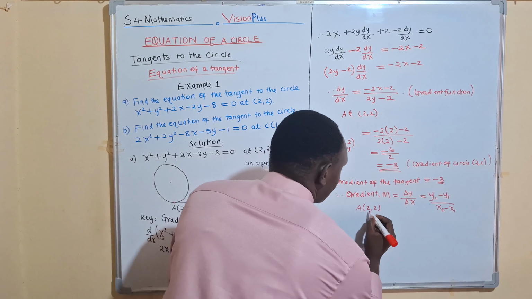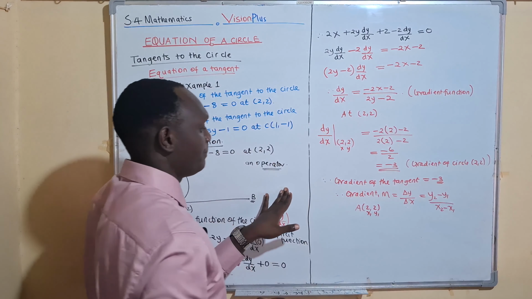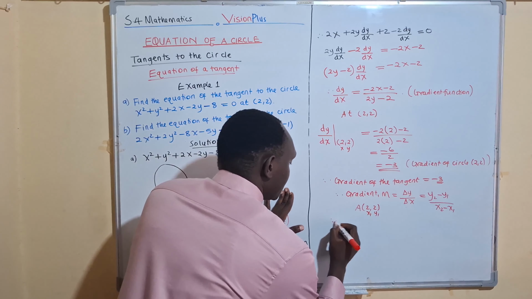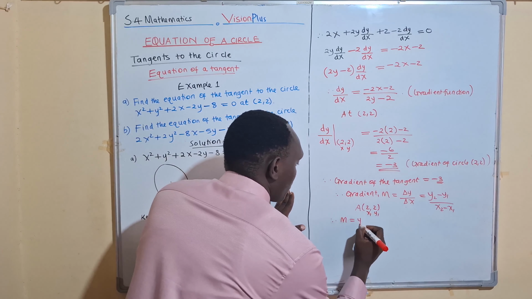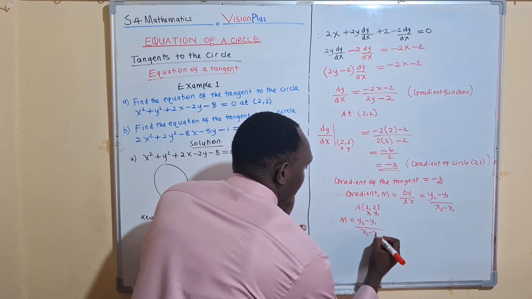So let me just make it (x1, y1) since they are the first points given. So substitute for them there. And you know that our gradient m is given by y2 minus y1 out of x2 minus x1.